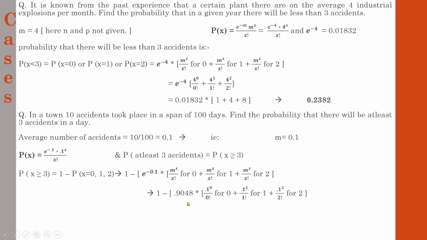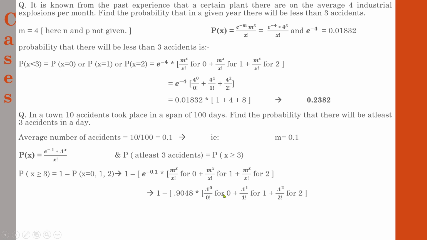So 1 minus e raised to minus 0.1, the value of e raised to minus 0.1 is 0.9048, into m raised to x, m we already found, 0.1 raised to x, first case is 0, divided by 0 factorial for the first part, for 0. You need not use it for 0, it is written for understanding only.